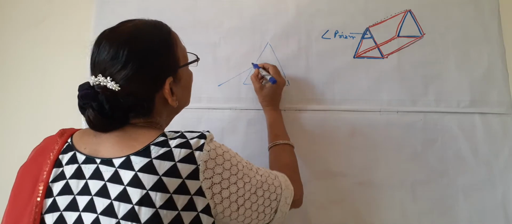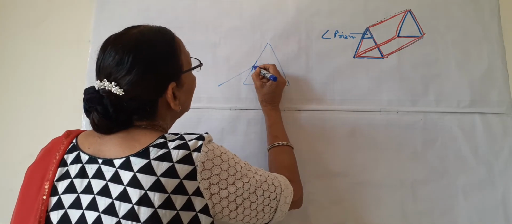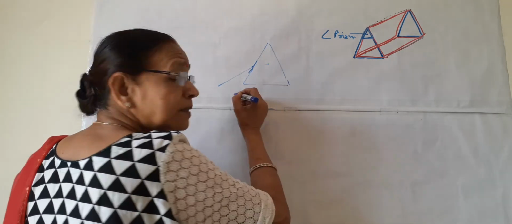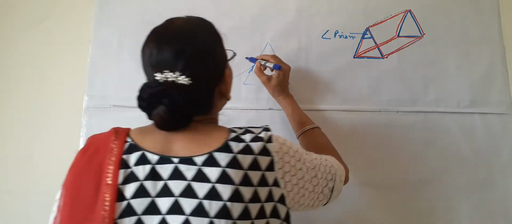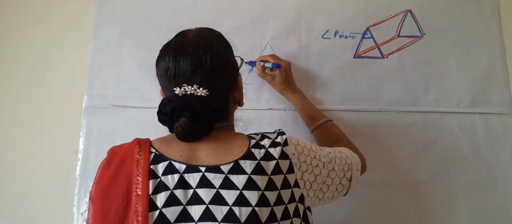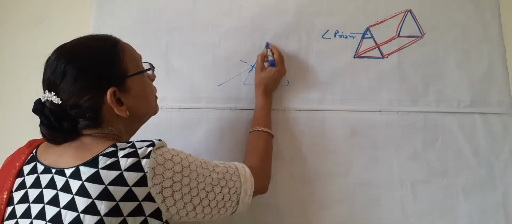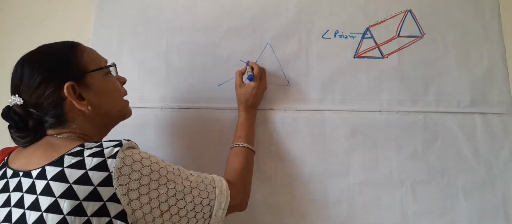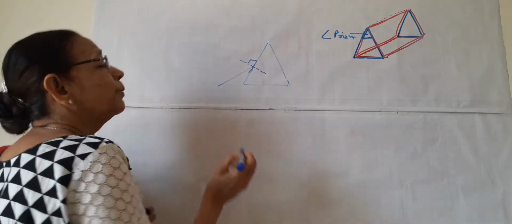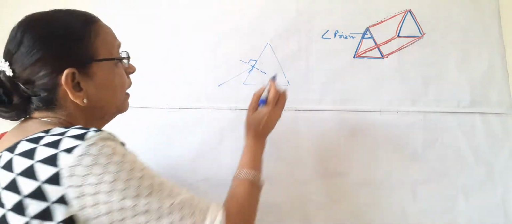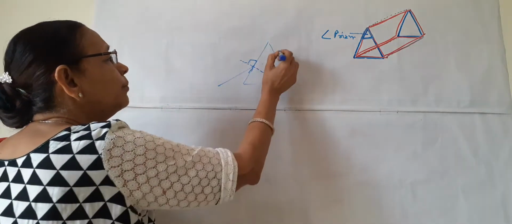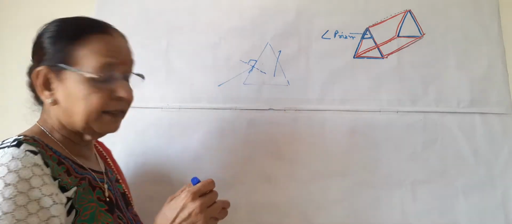This should be perpendicular at this point to this side, to this interface. So always draw a normal like this, which is perpendicular to this line, and this angle should be 90 degrees. Likewise here also, don't draw it like this. It is wrong.